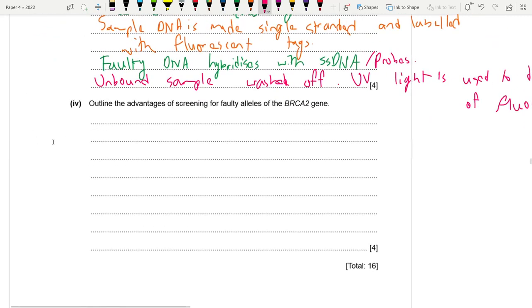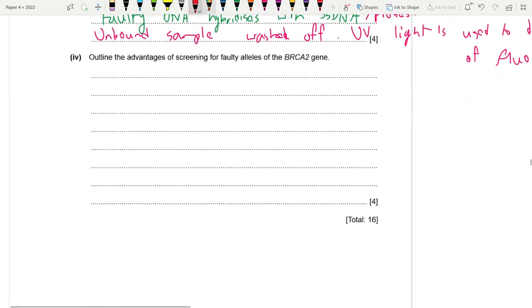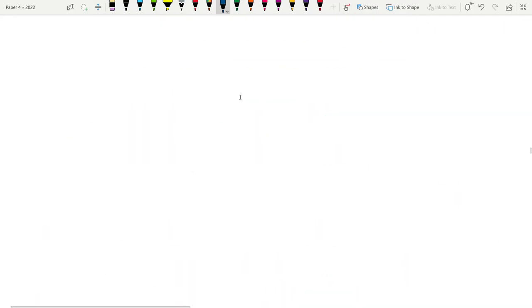That's the advantage. So outline the advantages of screening for faulty alleles of the BRCA2 gene. So if the disease is not present, it will remove worry. And this gene is mainly for breast cancer, right?